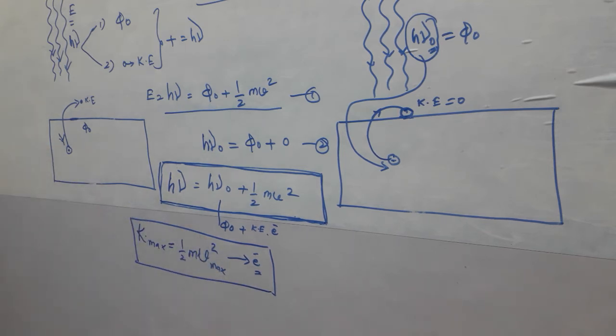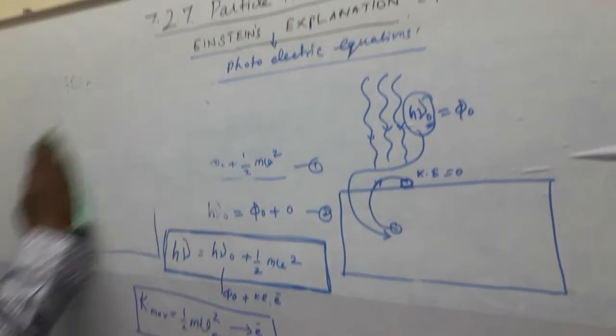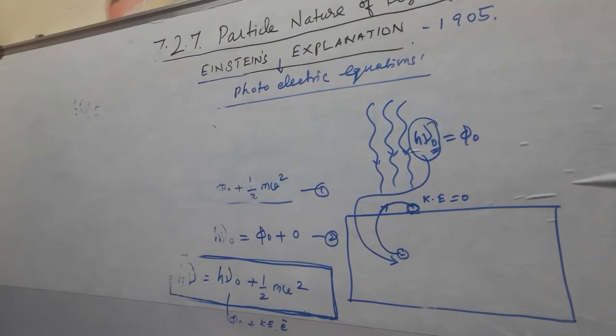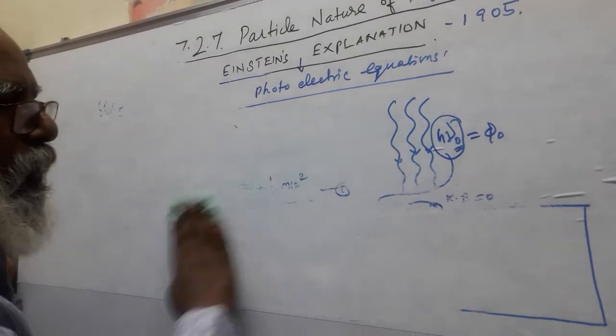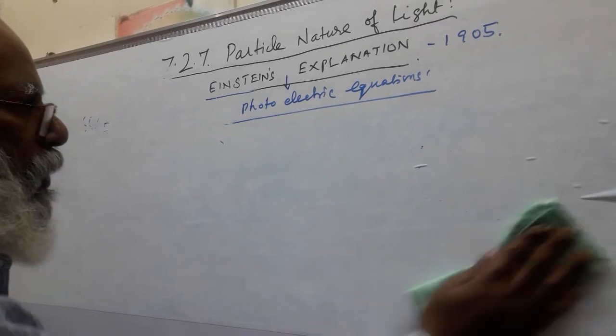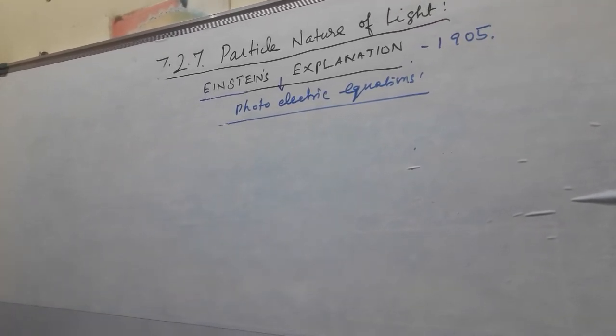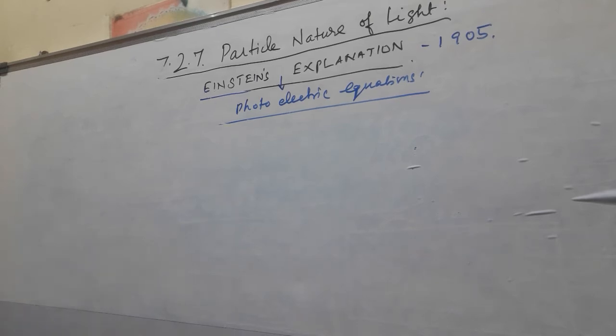Okay. Now we have to make a graph between K maximum and the frequency of the incident ray. K maximum is on the y axis and frequency is on the x axis.